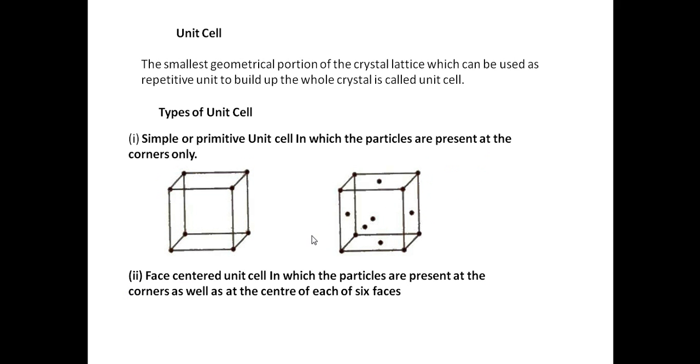Here we will discuss another type of unit cell, the body-centered unit cell. In a body-centered unit cell, the atoms are present at the corners as well as inside the body. Inside the body means if you consider a room as a unit cell, then if you are sitting at exactly the center of the room, you act as a body center.